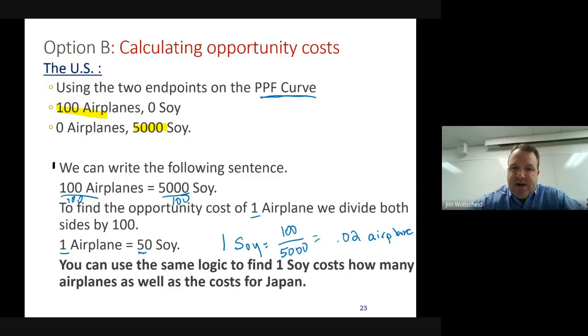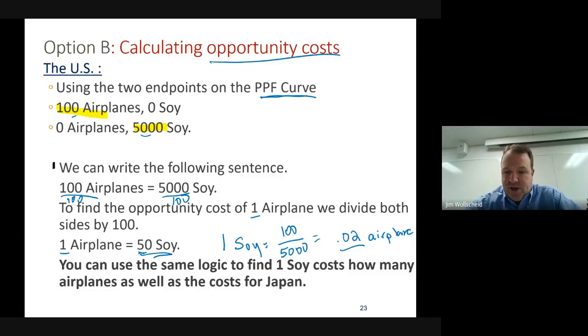So when we talk about comparative advantage, we're going to have to calculate the opportunity cost. So kind of look. If the number of soy here is bigger than airplanes, then this should be less than 1. If airplanes is less than soy, that number should be greater than 1 for airplanes.